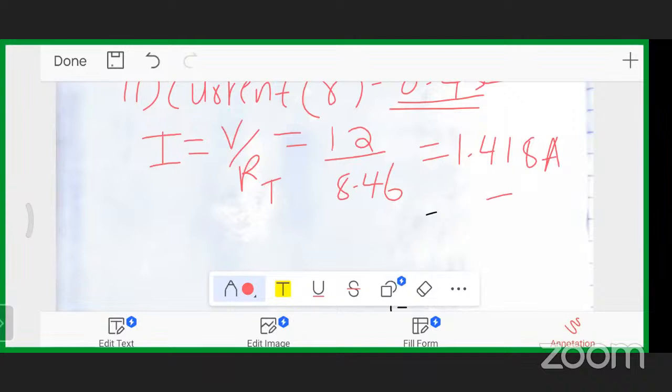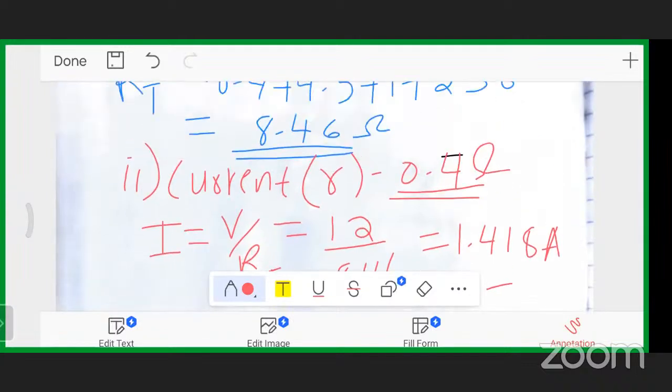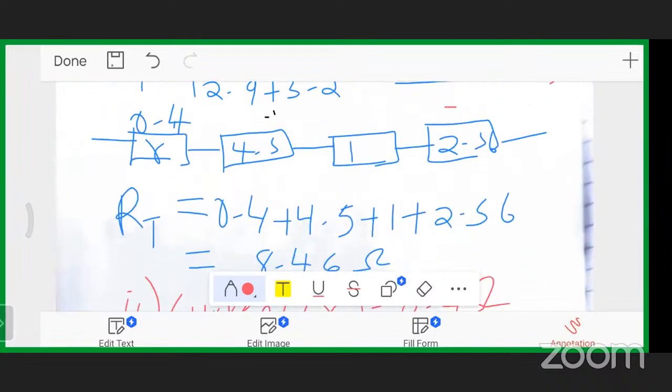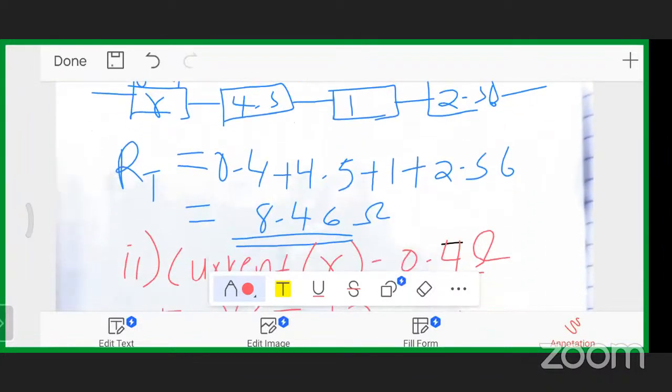So let's go back to our decomposition. This is the total current flowing in the whole circuit. And remember, the whole circuit can be replaced by one resistor of 8.46. Before we reduced it to 8.46, all the resistors were in series. For series, we know that the same current passes through them.